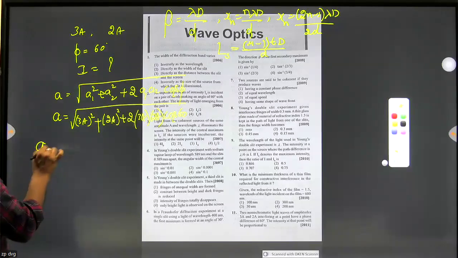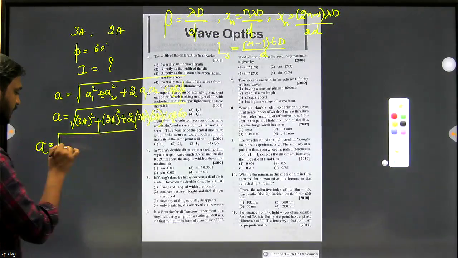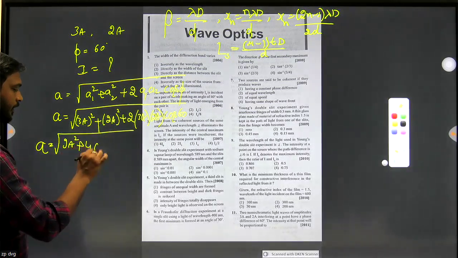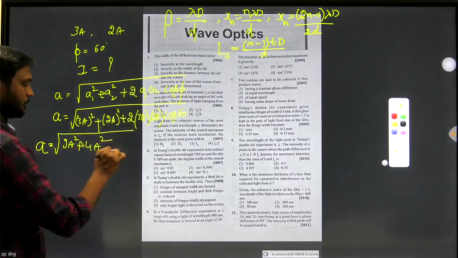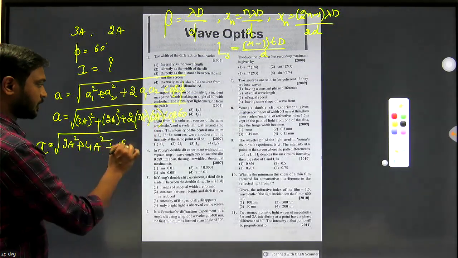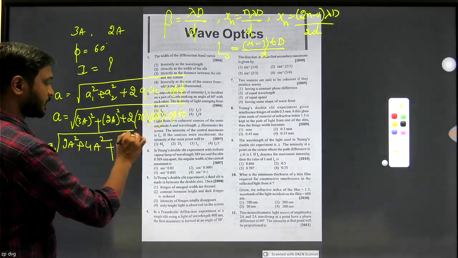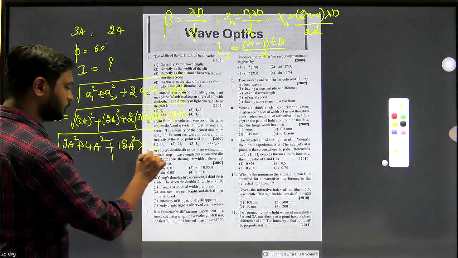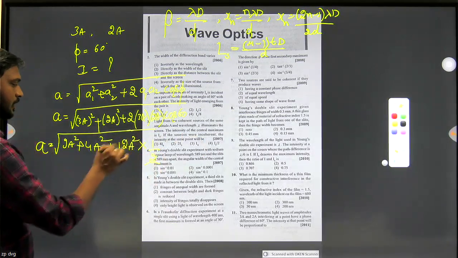That is A equals 3A square, that is 9A square, plus 2 times 4A square, plus 3 times 2 is 6, 6 times 2 is 12 A square, that is cos 60, which is 1 by 2. So 2 times 1 is 2, 6.